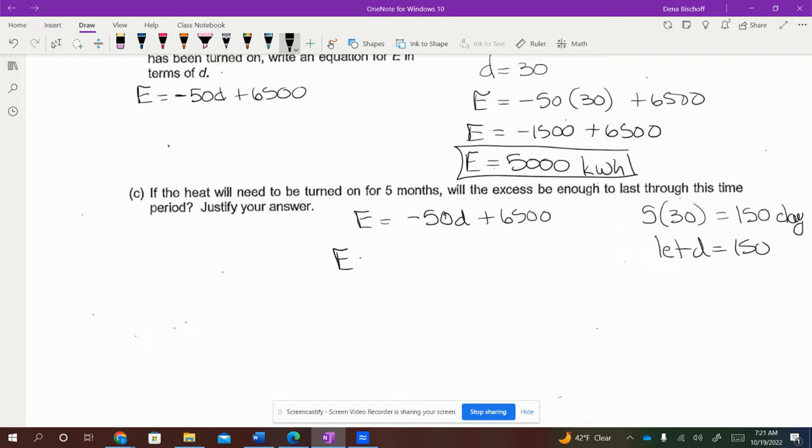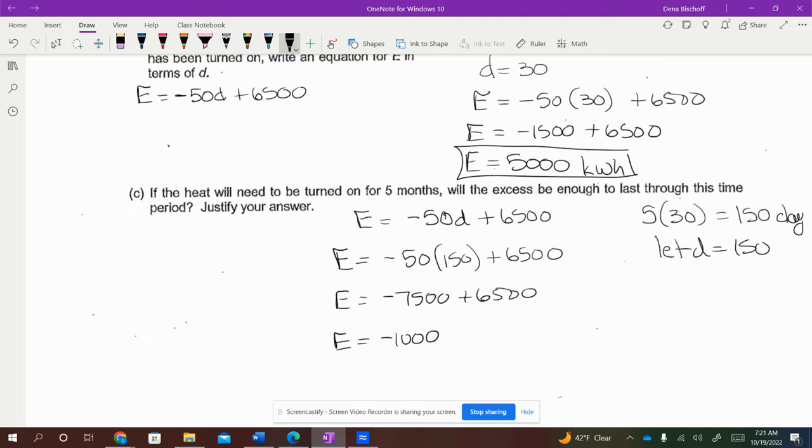So E equals negative 50 times 150 plus 6,500. E equals negative 7,500 plus 6,500. E equals negative 1,000.